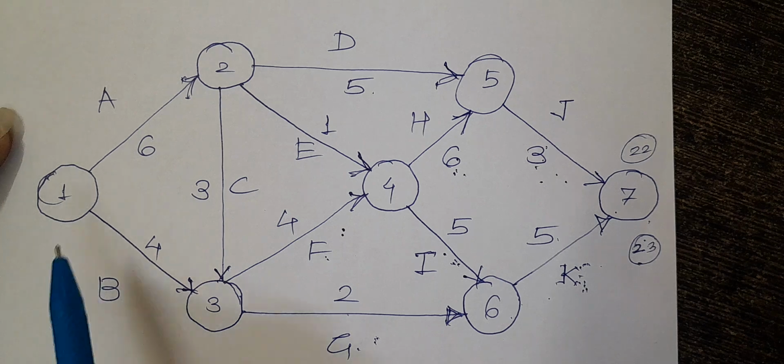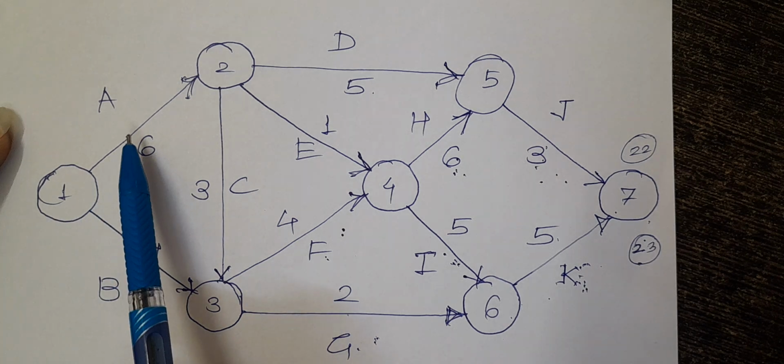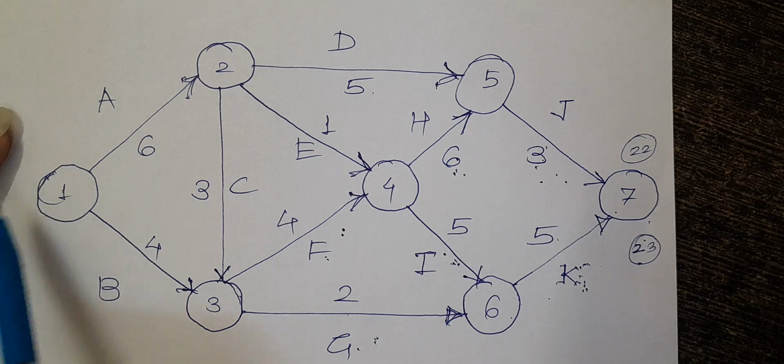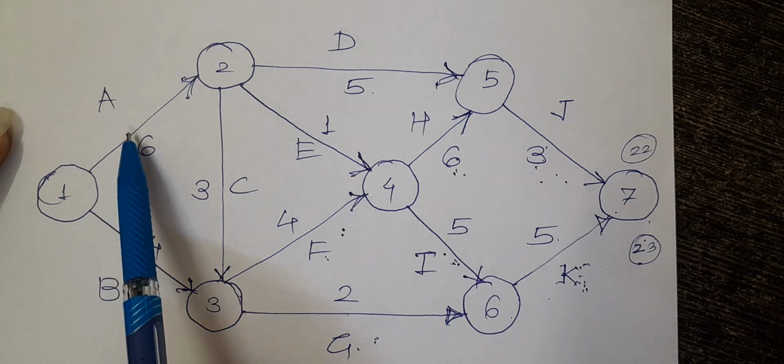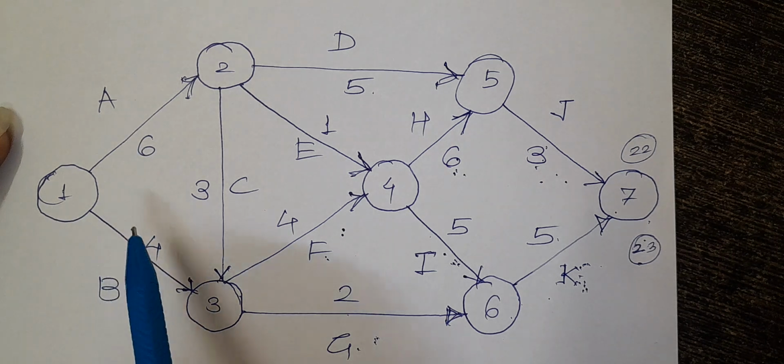As per the data, activities A and B don't have any predecessor, which means we can start A and B at any moment.